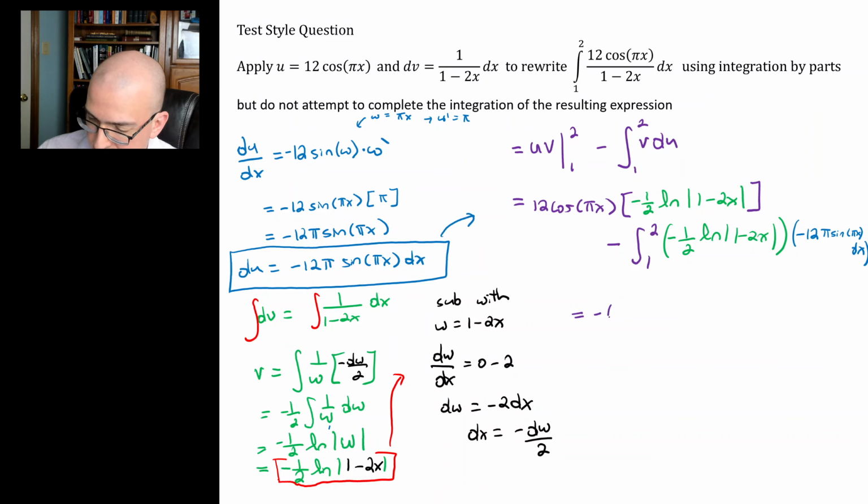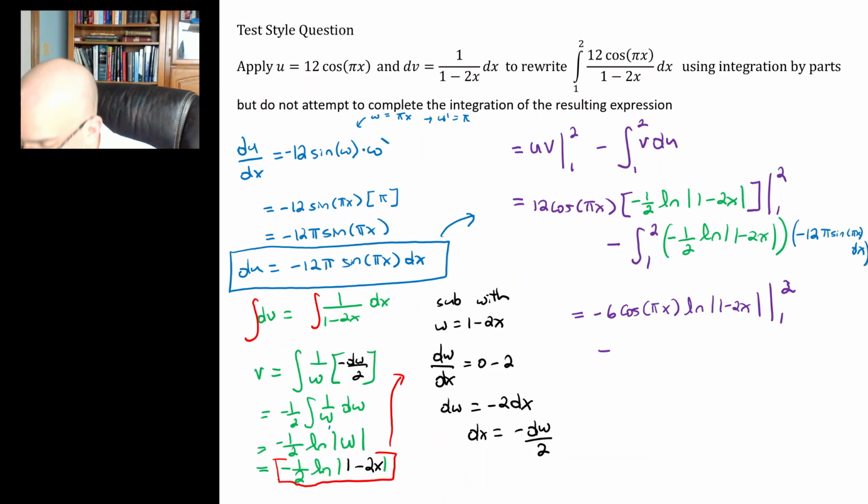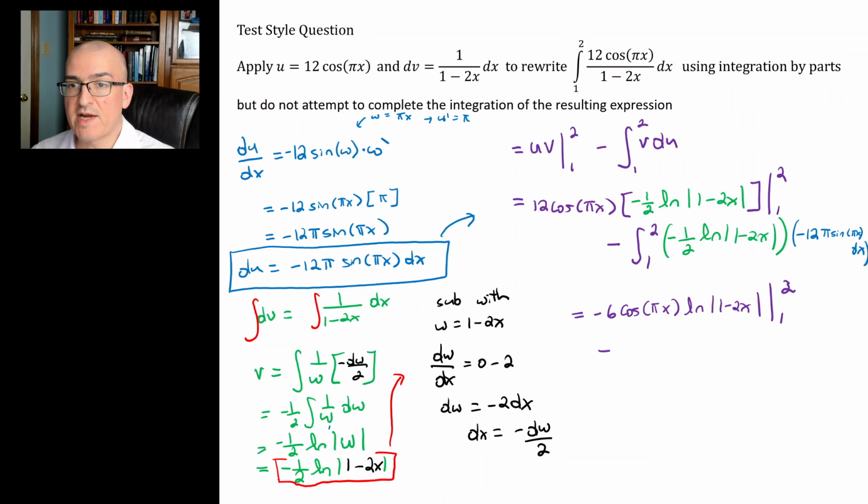So negative 6 cos of πx times the ln absolute value of 1 minus 2x, evaluated, I forgot to evaluate that from 1 to 2, minus, so we have three negatives there, negative times negative 1/2 times negative 12, the three negatives will end up with a negative.